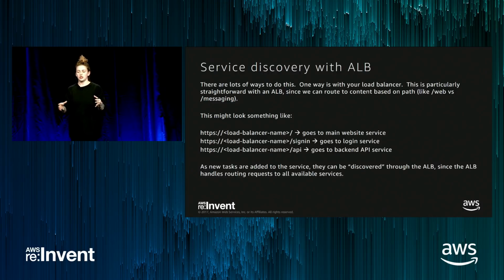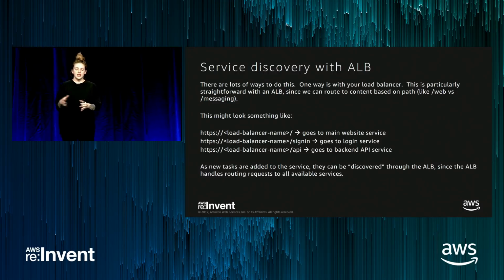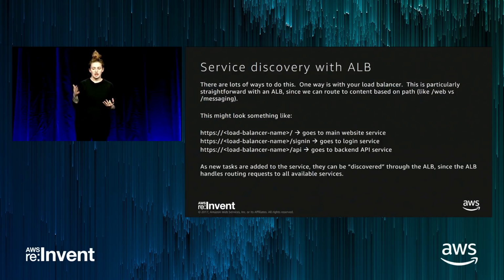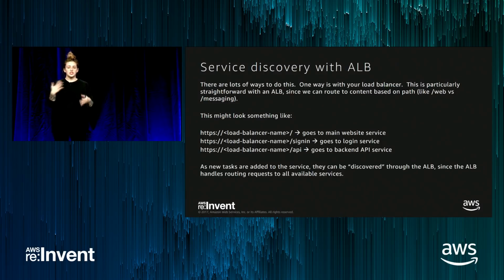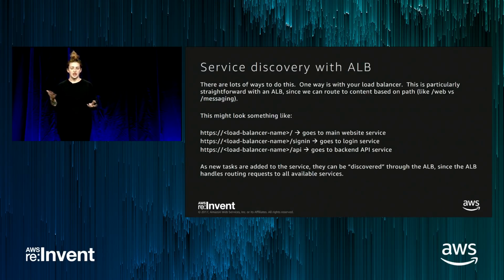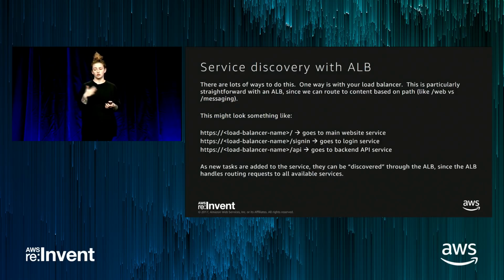It ends up looking something like this: nothing goes to my main website, /signin goes to my login service, /API goes to my API. And as I add new tasks to that service, they're registered to that same load balancer. So that effectively is handling my service discovery for things that are routed through the application load balancer.